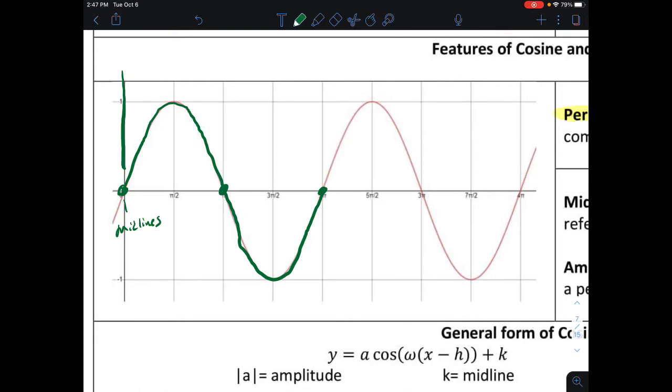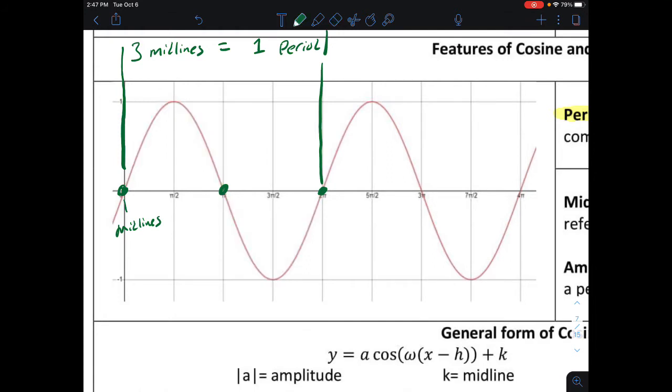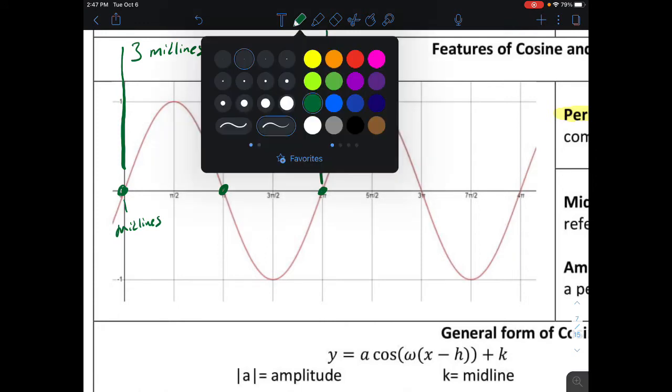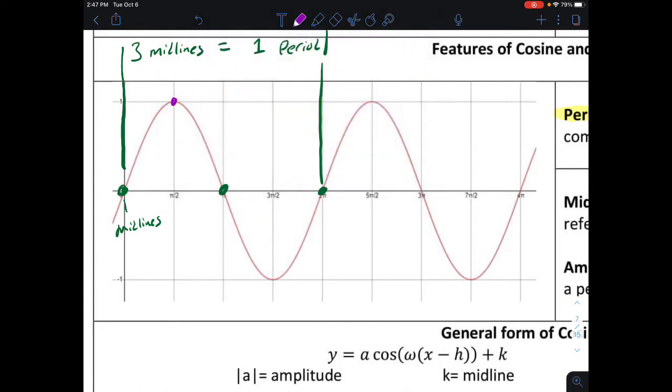One full period is going to be the distance between 3 midlines. So 3 midlines is equal to one full period along the horizontal. Now, there's another way that I could look at this and define my period. So let me erase that part that I traced. What if instead of starting at a midline, I started at a peak?